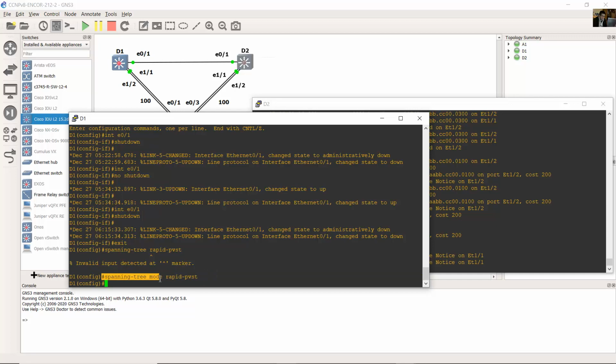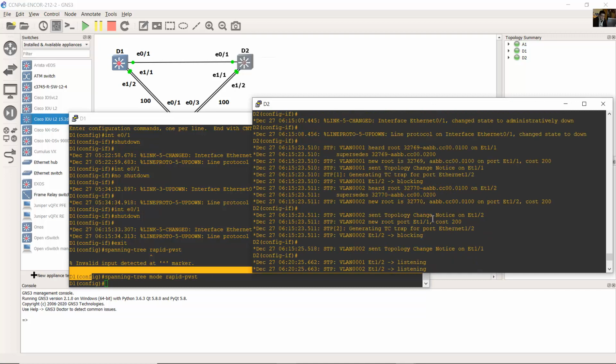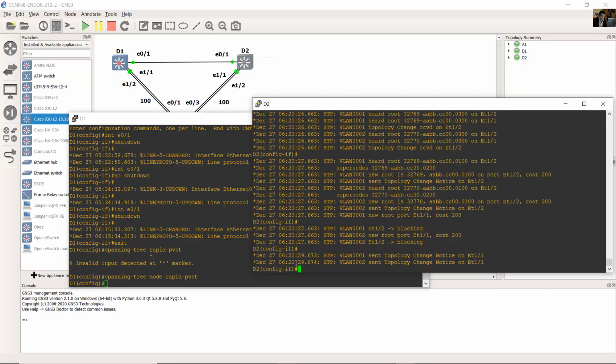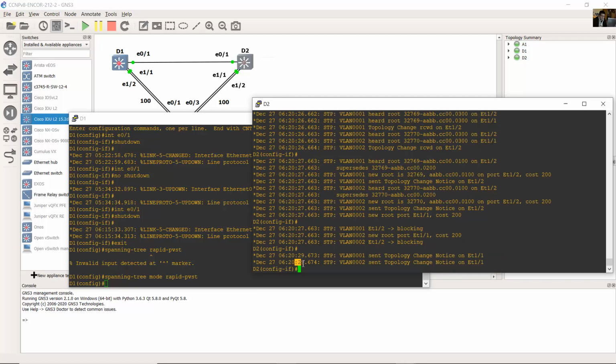You applied spanning tree mode rapid per VLAN spanning tree on D1, and you can see here from 25 to 29, you have only 4 seconds.